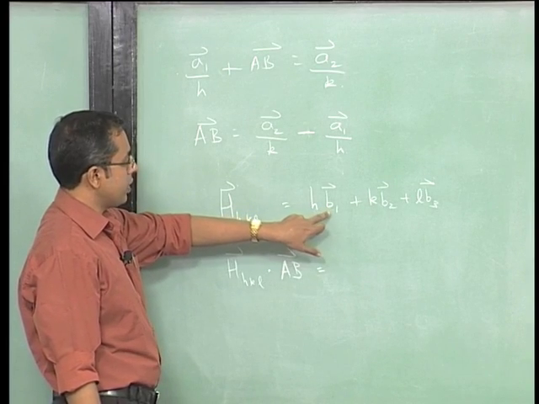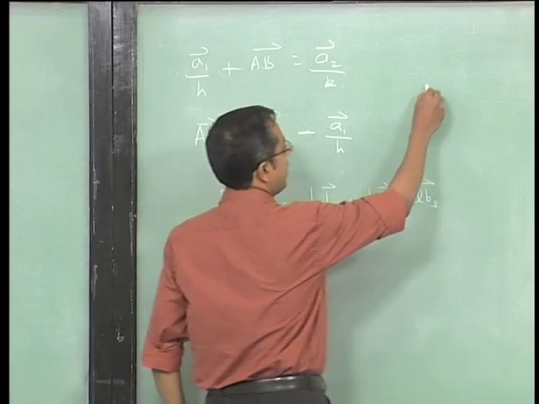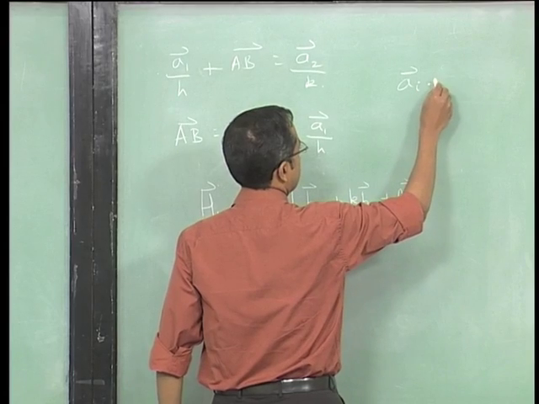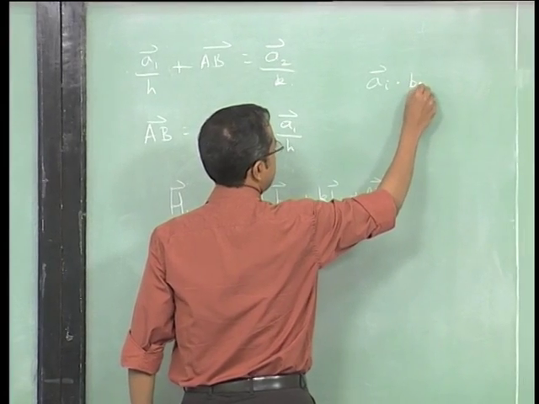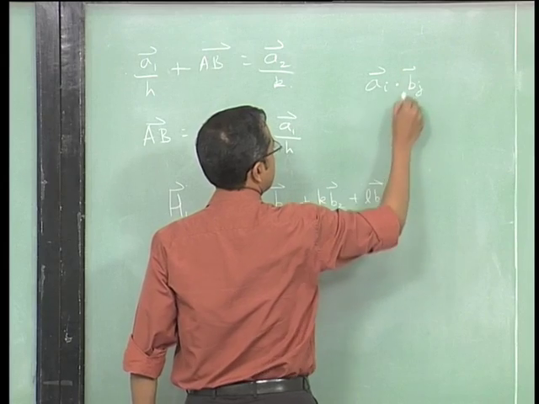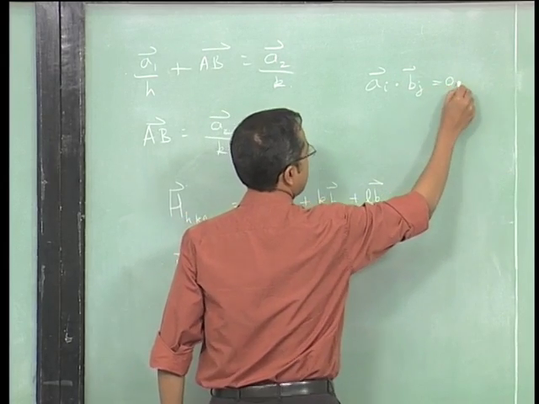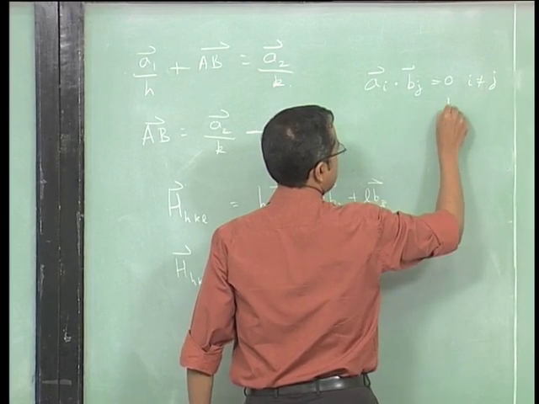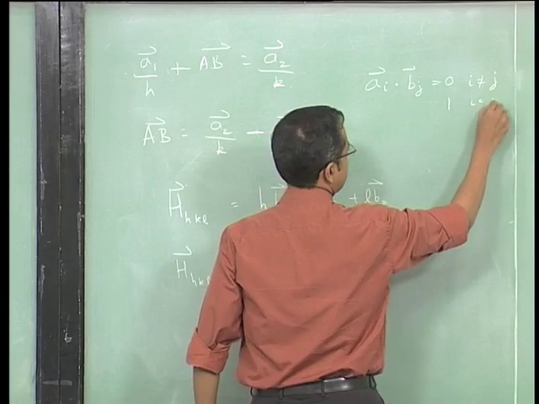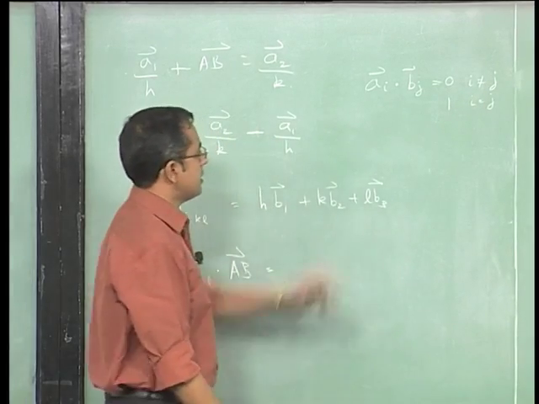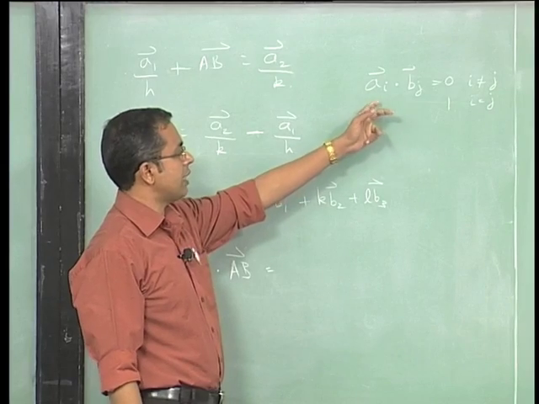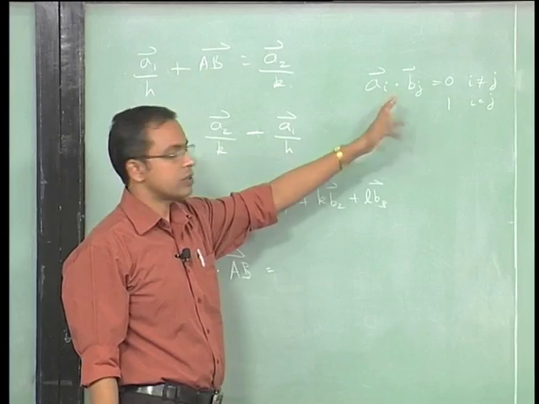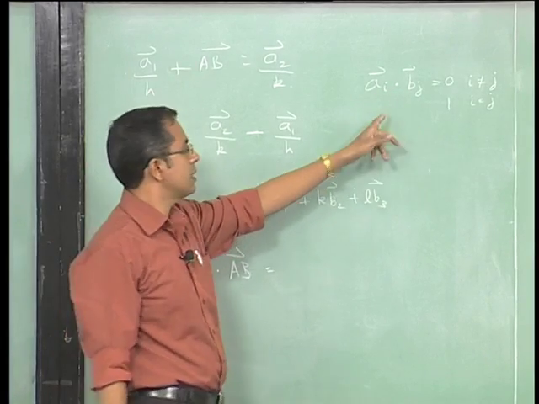We already saw that if you have Ai dot Bj, then this is equal to 0 if i is not equal to j, and this is equal to 1 if i is equal to j. And since it is a dot product, Ai dot Bj is the same as Bj dot Ai. The order in which you do this dot product is not important to us, because either way you will get the same thing.